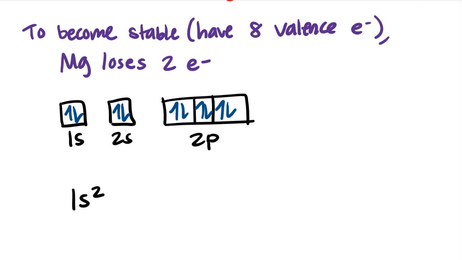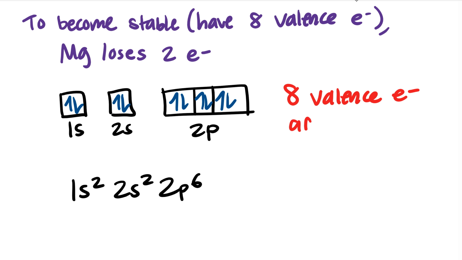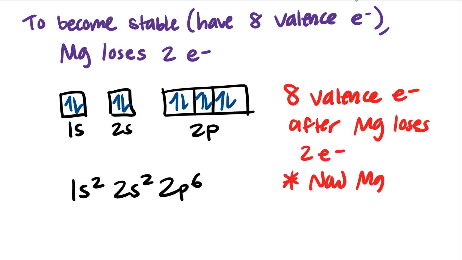It's a 1s2, 2s2, and 2p6 configuration. Both of these say the same thing. Both of these are saying magnesium now has 8 valence electrons. And that is the result after magnesium loses 2 electrons. Now, Mg is stable with its 8 valence electrons.